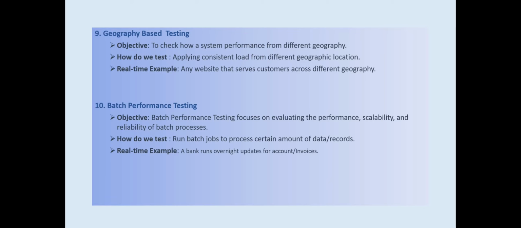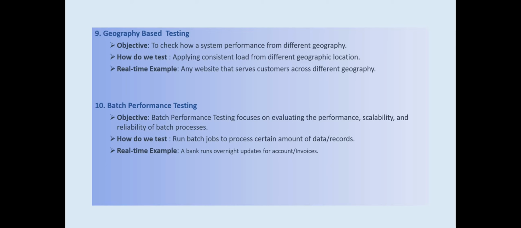So then comes the batch performance testing. In batch performance testing, the objective is to ensure that the batch jobs that are run by organizations are quick and stable enough. How do we test that? We run the batch jobs to process a certain amount of records and try to understand how much time it is taking to process that certain number of records or the data. If it is taking too long, then there's a potential performance issue.